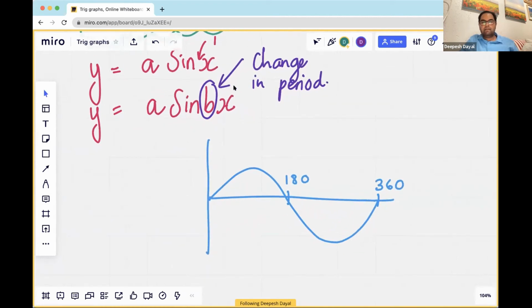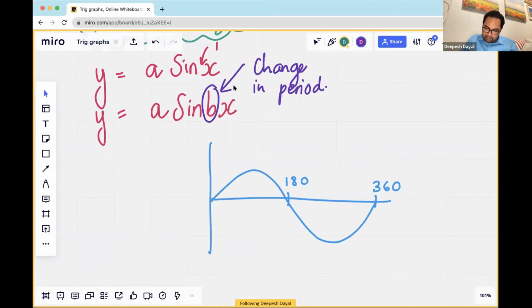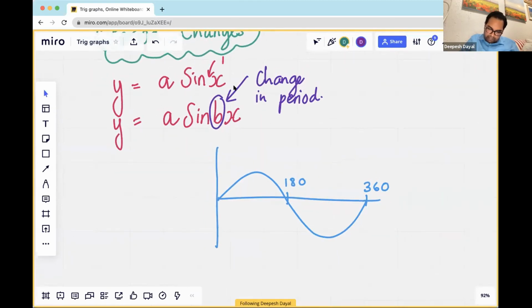Okay. So if the graph tells us y equals sine 2x, what this now means is instead of being able to fit only one graph into 360 degrees, we are able to fit two graphs into 360 degrees, right?